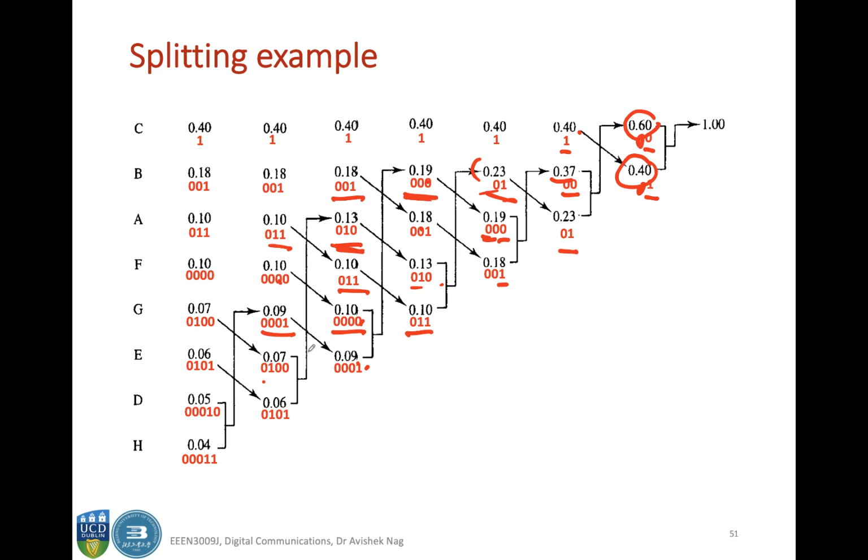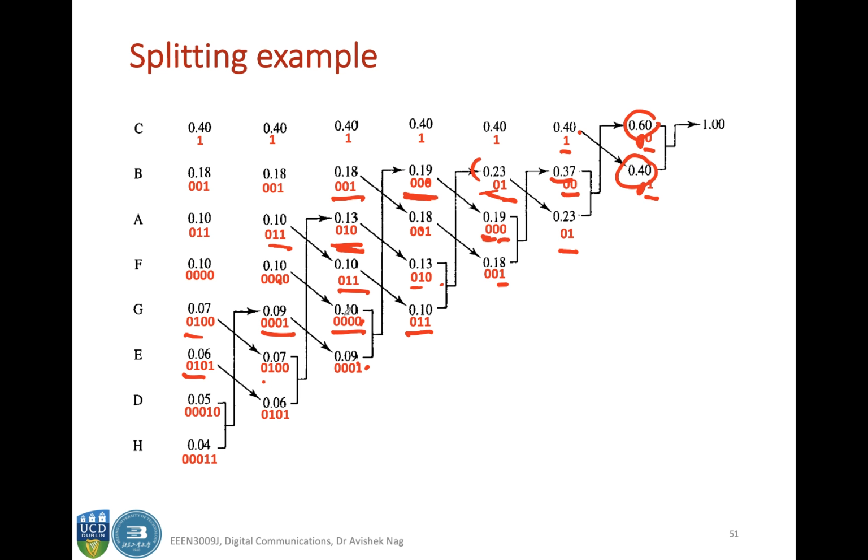And then finally this 0, 1, 0, 0 goes here, this 0, 1, 0, 1 goes here, and this 0, 0, 0, 1 becomes split to 0, 0, 0, 1, 0 and 0, 0, 0, 1, 1.